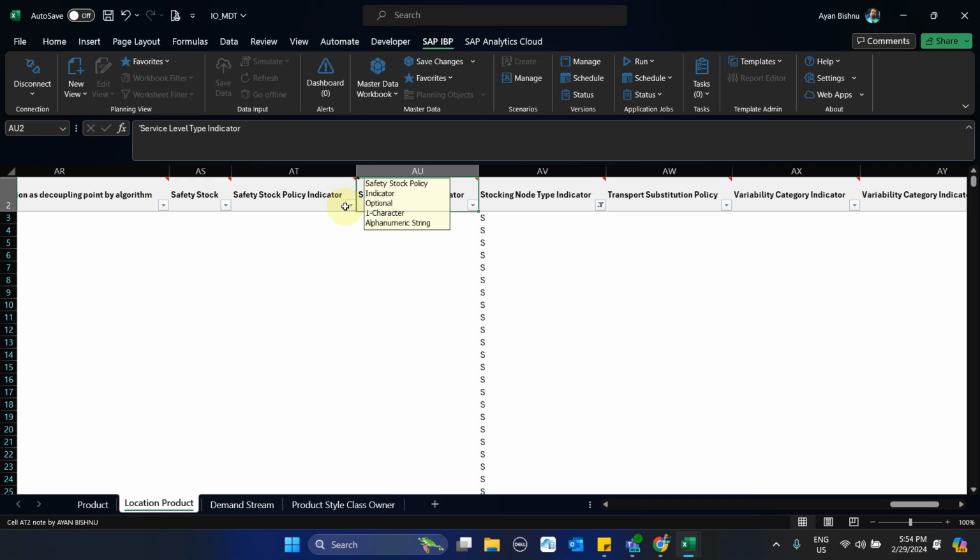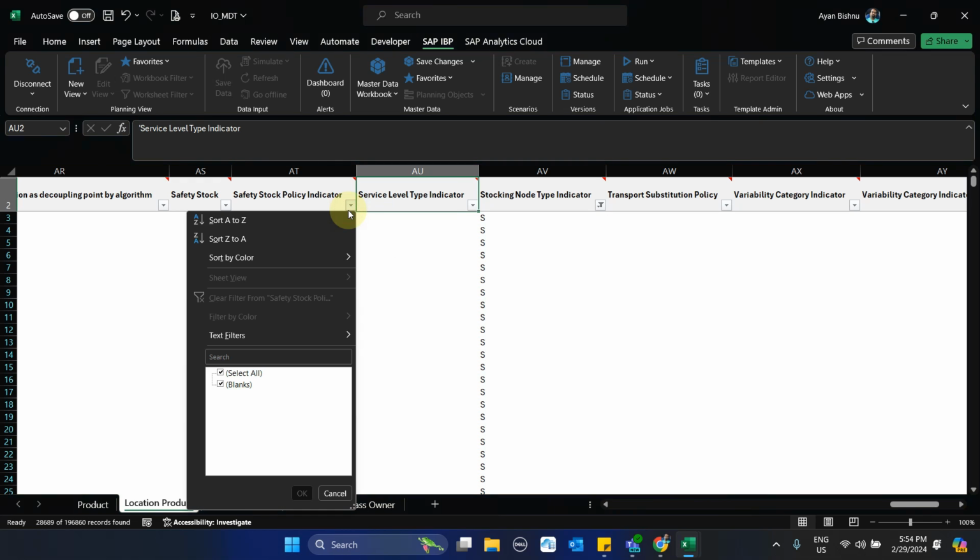For example, safety stock policy indicator could be first in first out or normalized. Whether you select first in first out or normalized, if you keep it blank, the first in first out method is selected. Even if you select normalized, in that case it plans for the fill rate.